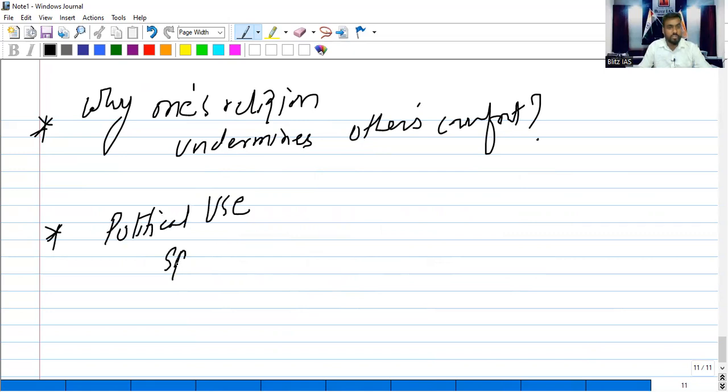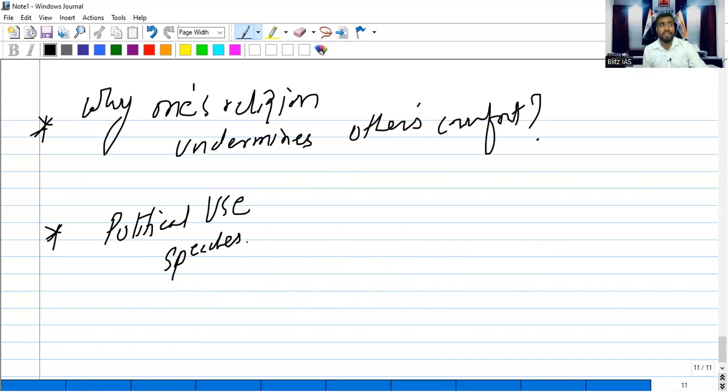Political use, speeches, it's very common in today's era. Present government claims to be the brand ambassador of Hindutva. In Navratri, in Dashehra, in Ram Navami, in Deepavali, there's a political use of such festivals.